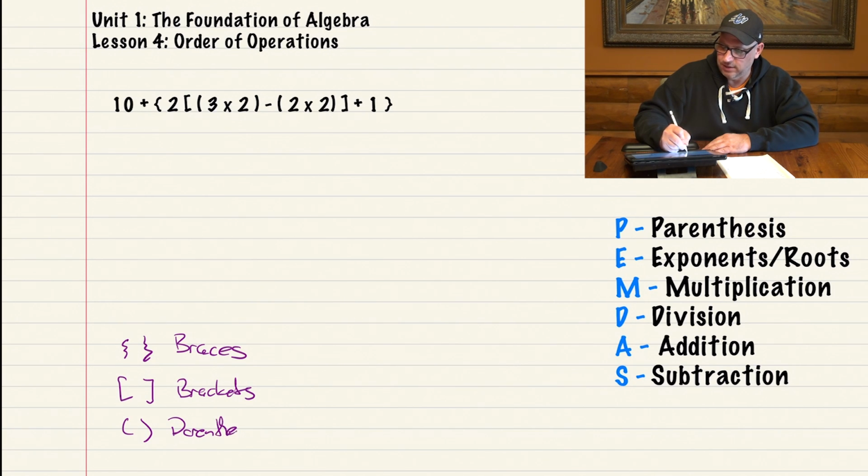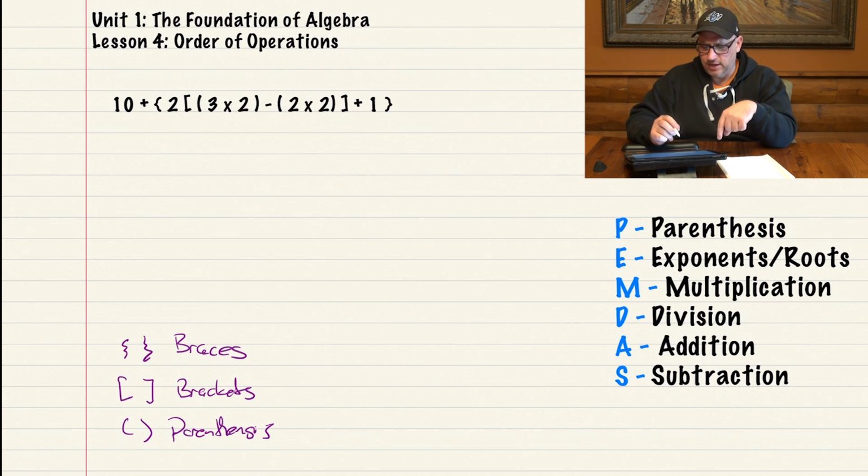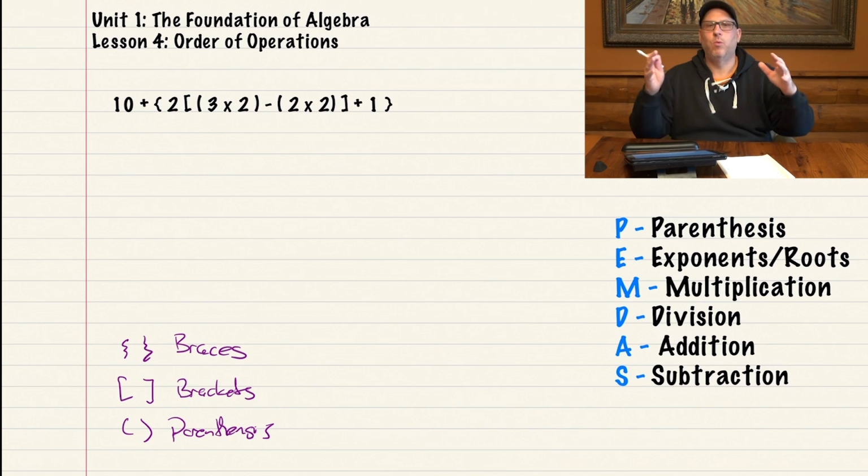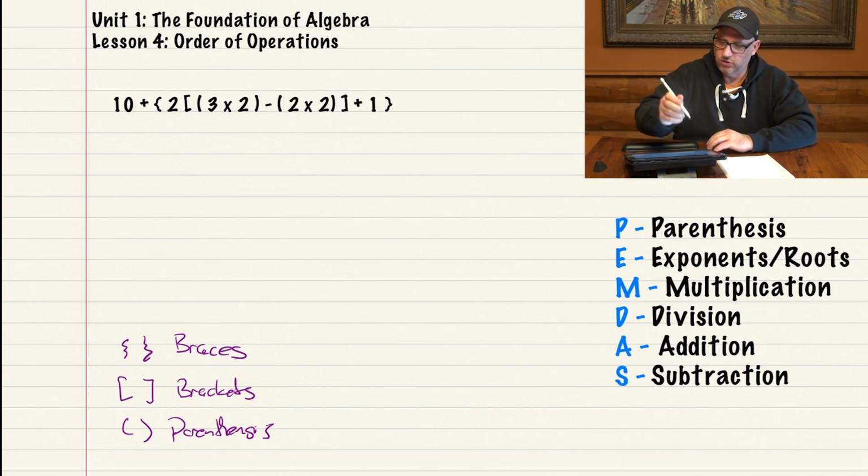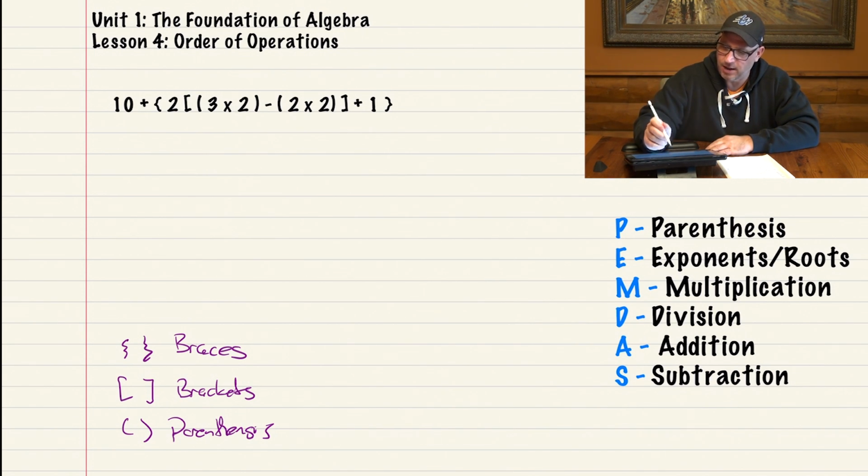Remember in the beginning, wow, my handwriting's bad, sorry. Remember in the beginning I told you that all of the grouping symbols are all considered to be parentheses, that's what I was talking about. The reason that we have different ones is so you can identify what part goes with what. So for example, if you look up at the top, here's my outermost brace, it goes with this.